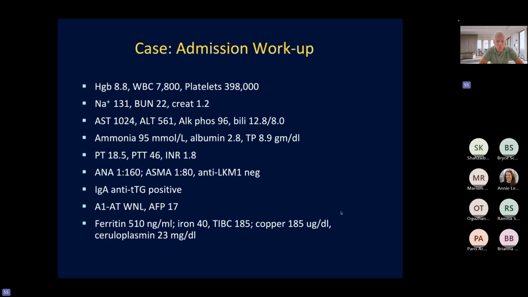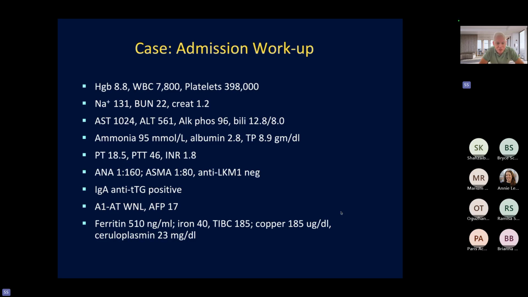Ammonia is 95, albumin 2.8, total protein is 8.9. You see the PT is 18.5, PTT is 46, INR 1.8. ANA is 1 to 160, anti-smooth muscle is 1 to 80, anti-LKM is negative. Her IgA is anti-TTG positive. This is a real patient, by the way.